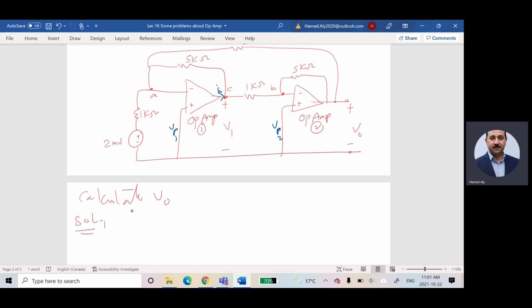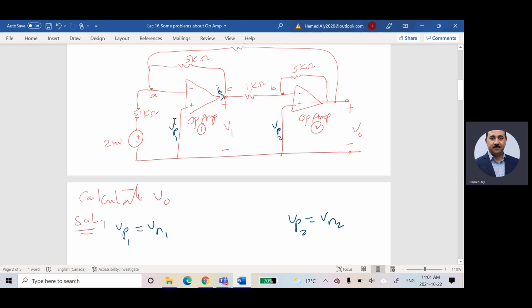So based on that, I can say VP1 equals VN1, and at the same time, VP2 equals VN2. But I couldn't say VP1 is equal to VP2, because these are two different operational amplifiers and they are connected to two different locations.